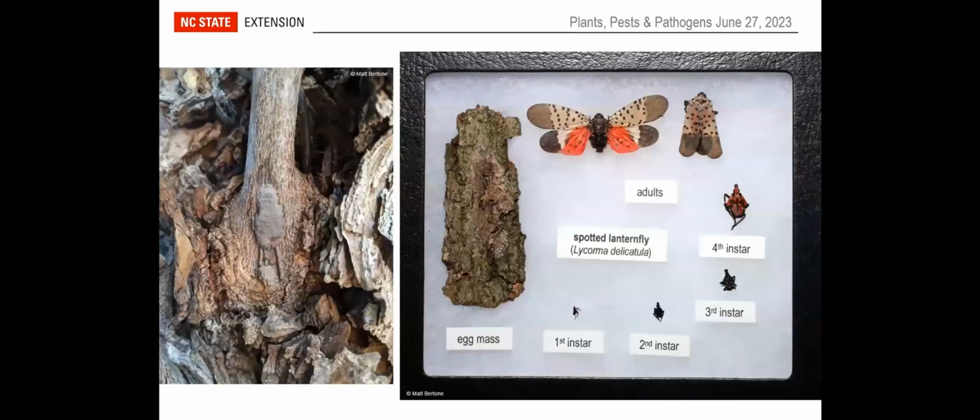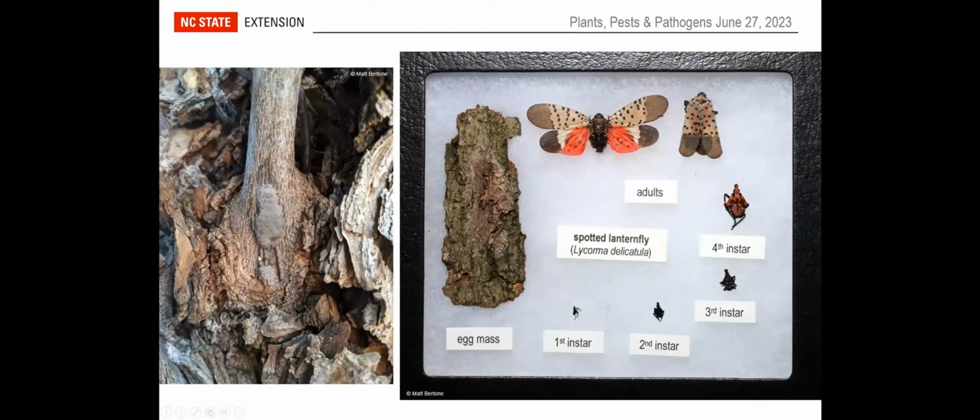Just looking at some of the life cycle, and I'll show some photos of this more in a second. They have one generation per year. The egg masses are laid on trees and other objects, and are covered in a mud-like coating, and these little barrel-shaped eggs are found inside.